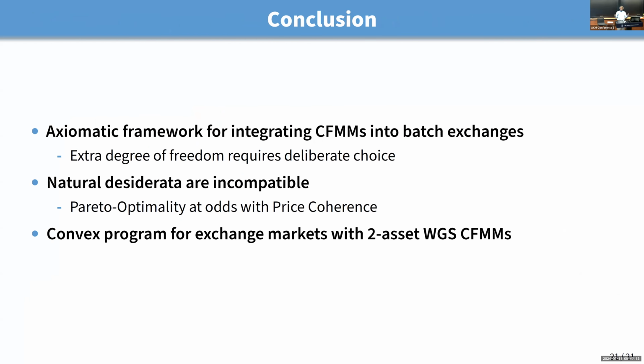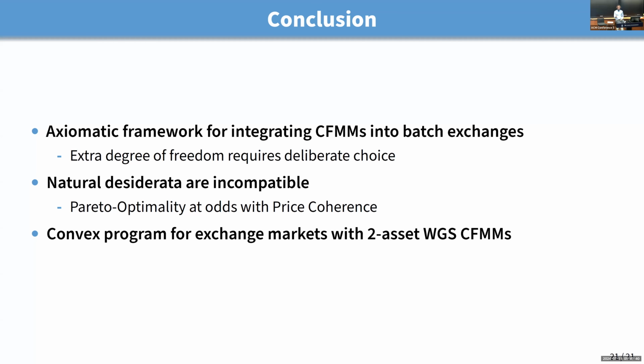So just to wrap up, what have we done? We've given an axiomatic framework for thinking about how batch exchanges can take advantage of the liquidity available on today's passive constant function market makers. We have two basic mechanisms, both well-defined and sensible on their own. Once we put them together, we have an extra degree of freedom, and if we're going to use that, we have to make deliberate choices about how.